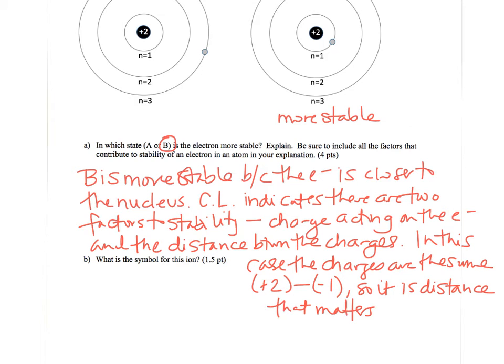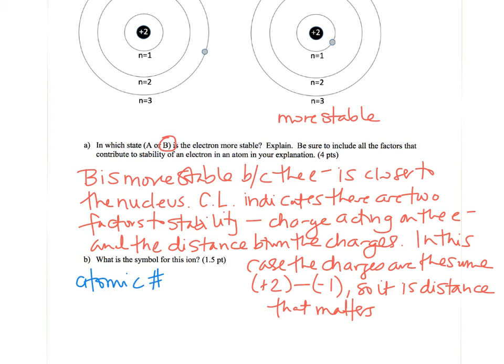Let's talk about the answer to B. I asked for what the symbol for this ion was. And let's just think about how we identify what chemical symbol to write. So you'll remember, going back to the very first day of class, the thing that defines the element is the atomic number.